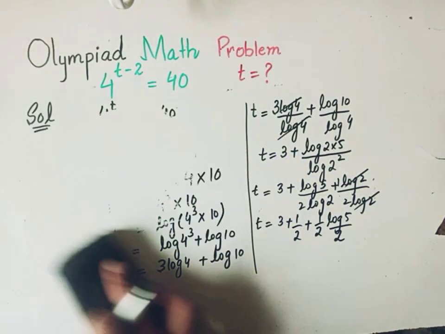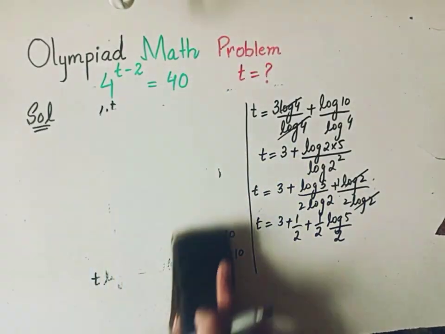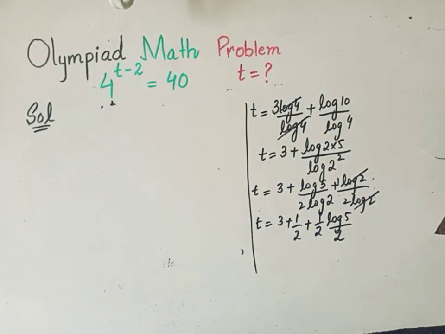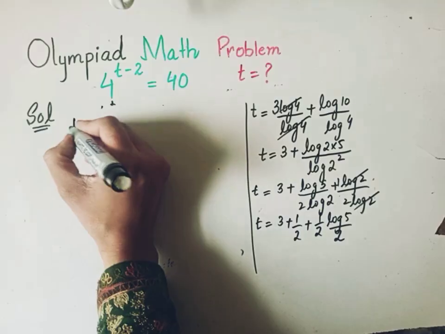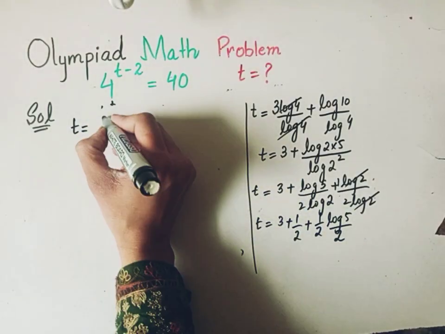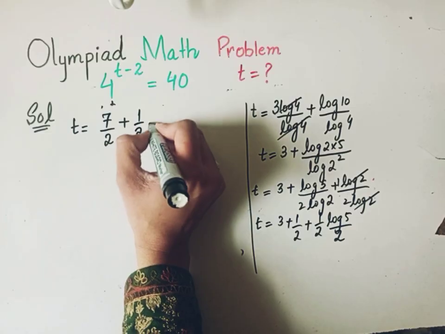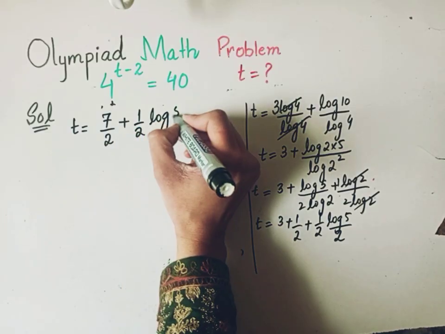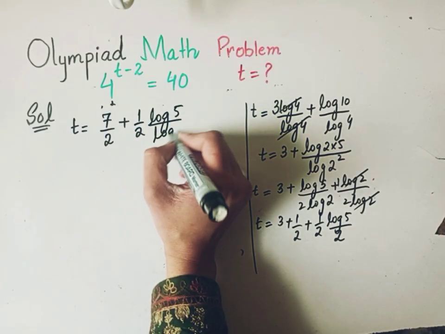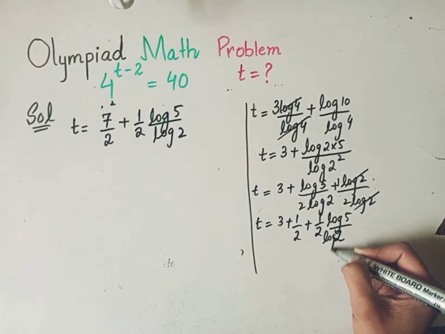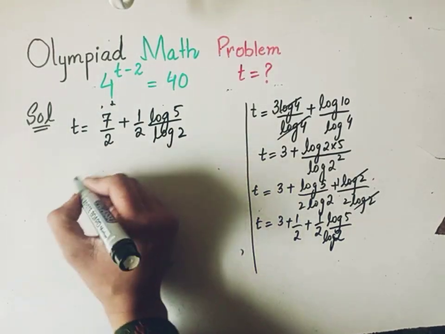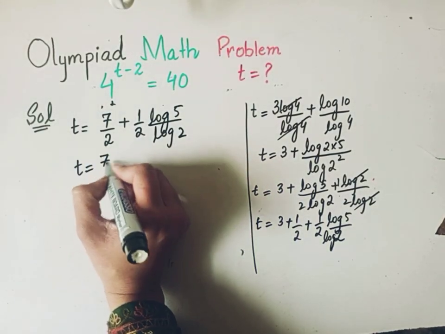Now we will solve this further here. It will become t equals, by taking LCM, 7 by 2 plus 1 by 2 log 5 by log 2. Now we will apply the change of base rule here.